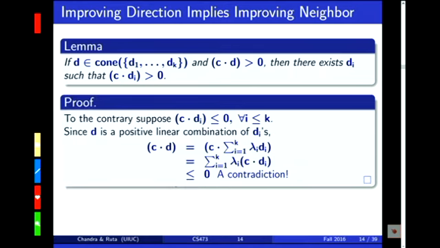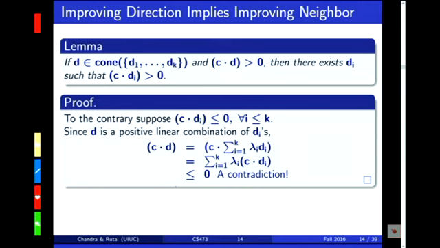Suppose to the contrary, there is no i, for all i, C dot Di is less than or equal to 0. Then D, we know, is a positive linear combination of the Di because D is inside the cone of D1 through DK. So when you look at C dot D, that is exactly C dot this positive linear combination, which is, by linearity of dot products, a positive linear combination of C dot Di's.